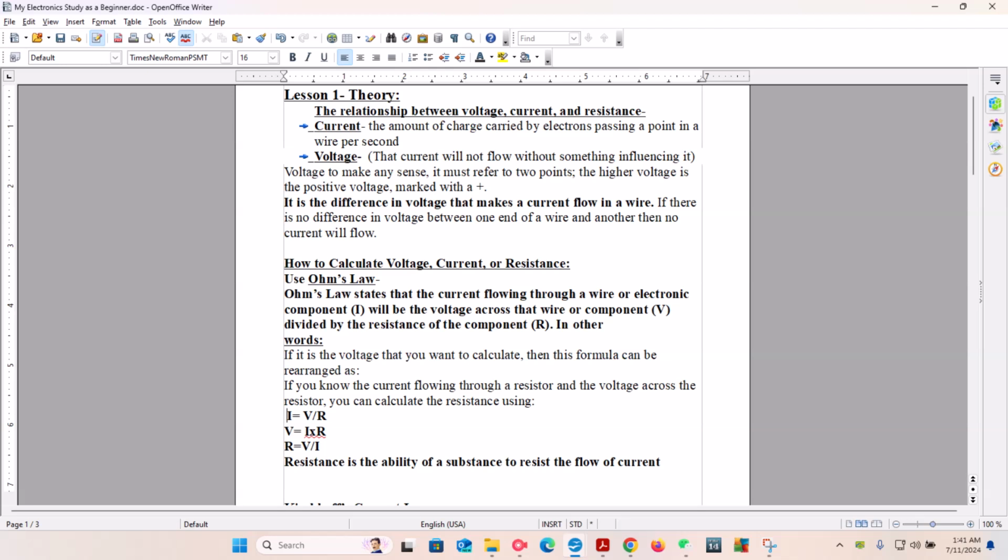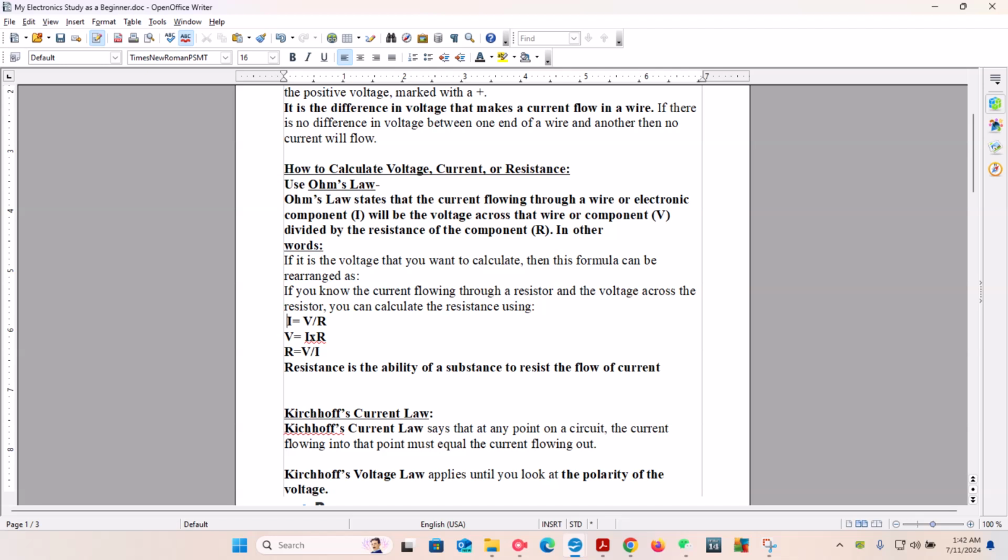Okay. Now let's talk about what these are. Resistance is the ability of a substance to resist the flow of current. So this is stopping the current. It's kind of like slowing. The analogy I like to use is a pipe.